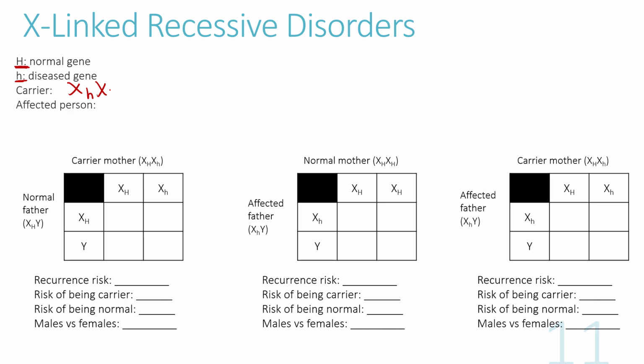A carrier would be someone with one, whereas an affected person would have this phenotype for a girl and this phenotype for a boy. Okay, so let's do this. You have a carrier mother and a normal father.